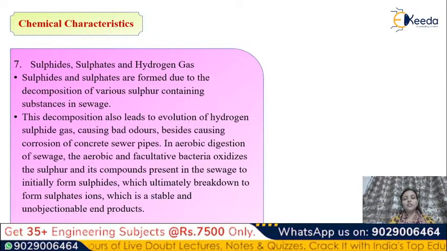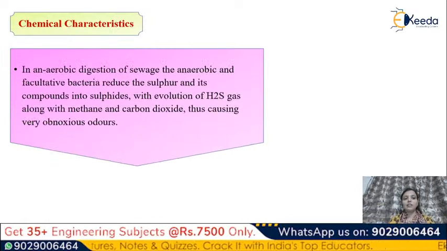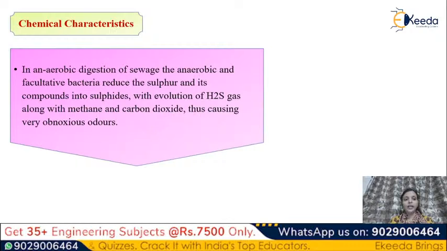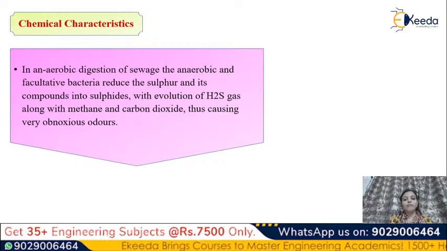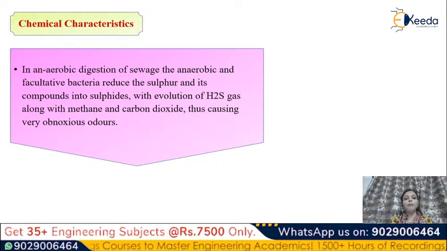That means it shows the wholly oxidized sulfur content in sewage, which is not harmful. In anaerobic digestion of sewage, anaerobic and facultative bacteria reduce the sulfur and its compounds into sulfide, with evolution of hydrogen sulfide gas along with methane and carbon dioxide gas, thus causing a very obnoxious odor.